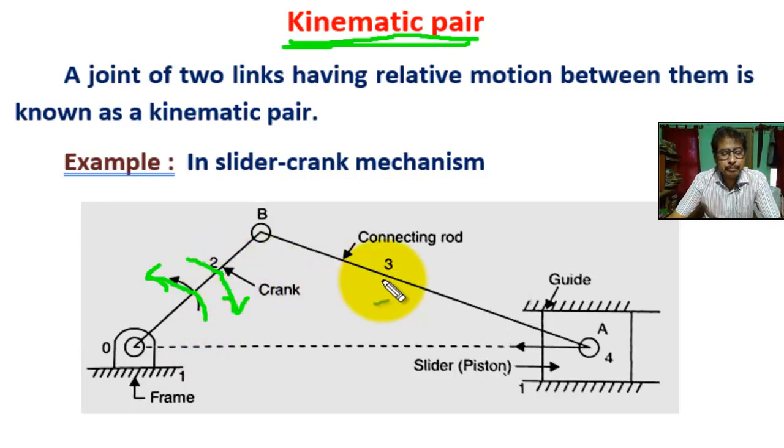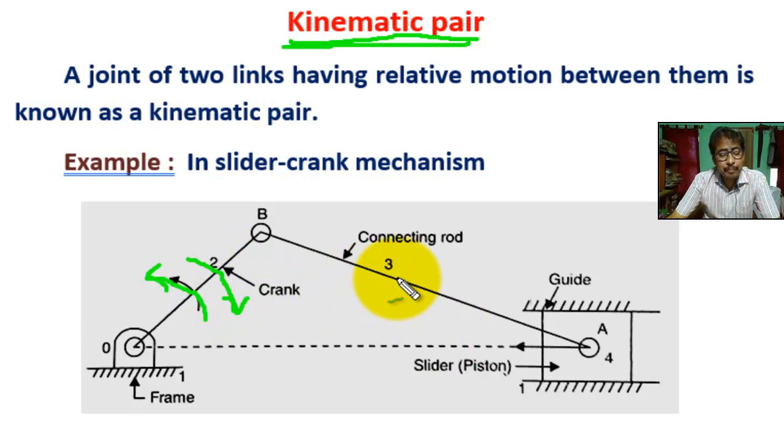Similarly, link 2 is having motion relative to link 3, hence link 2 and link 3 is also a kinematic pair.